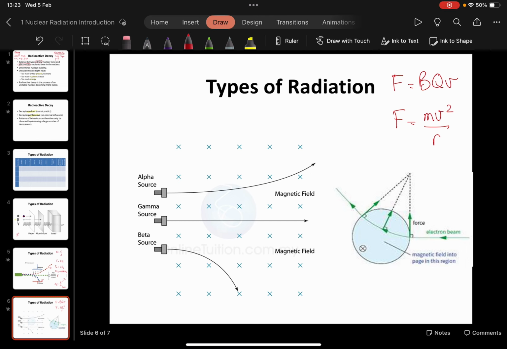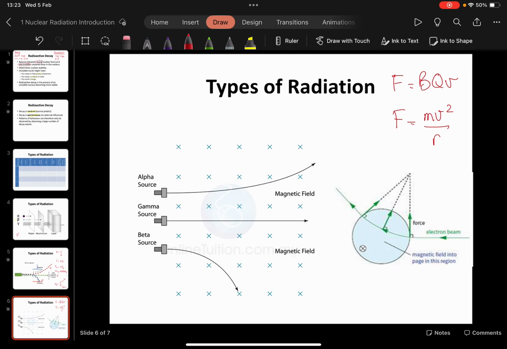Again, the difference in charge is determining the difference in trajectory. But we've also got that difference in mass, and again, that is the more significant factor here. So the acceleration of the alpha particle is far less than that of the beta particle, hence the change in direction is significantly less for the alpha particle.